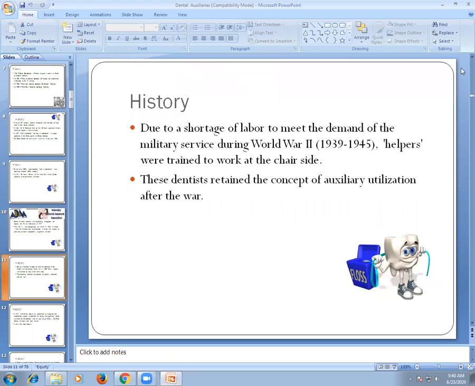Due to a shortage of labor to meet the demand of military service during World War II, from 1939 to 1945, helpers were trained to work at the chairside. These dentists retained the concept of auxiliary utilization after the war.